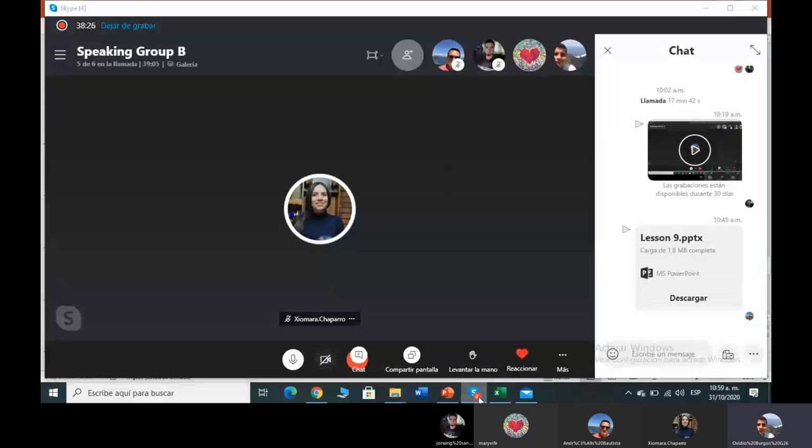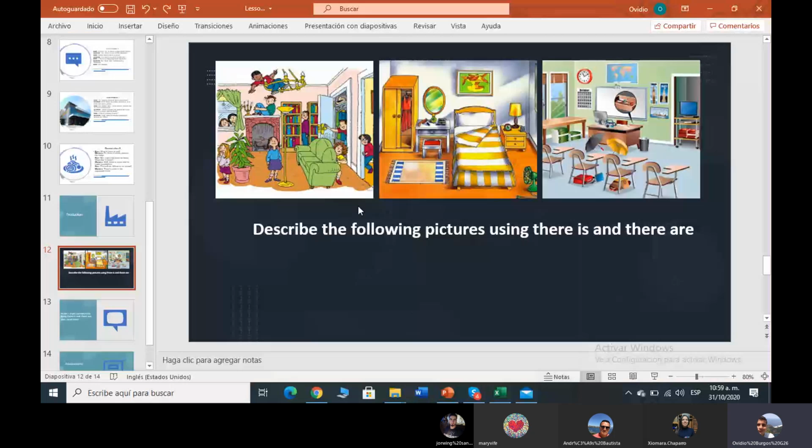Okay, Xiomara, no problem. In that case, you say 7 boys, but remember that here is a girl. In that case, you have to use a word that replaces what we in Spanish say, por ejemplo, nosotros decimos en español, hay 7 niños, ¿sí? Pero entre esos hay niños y niñas. In English is different. We have to say children.